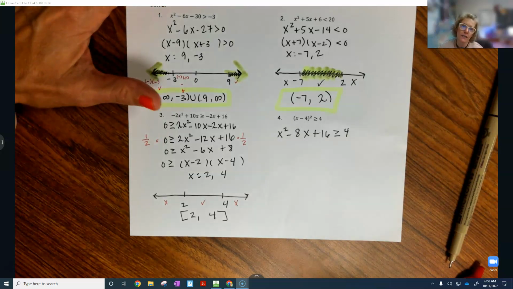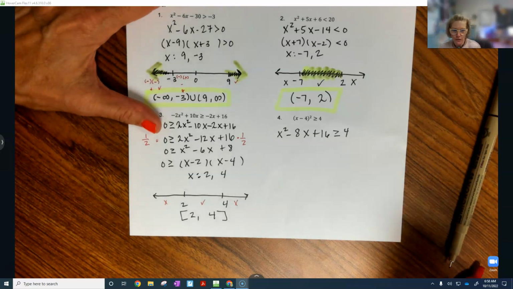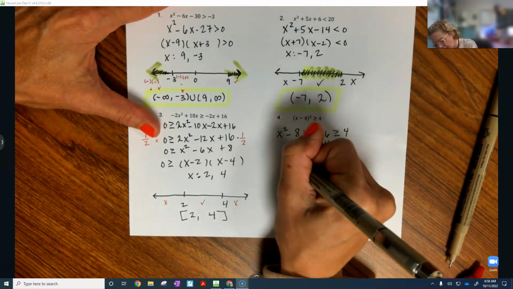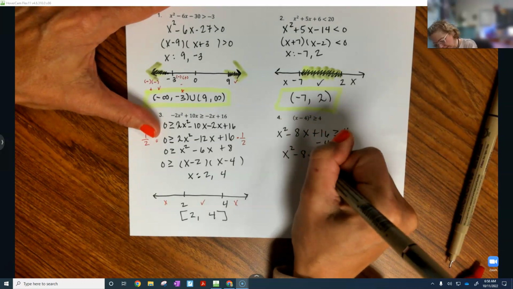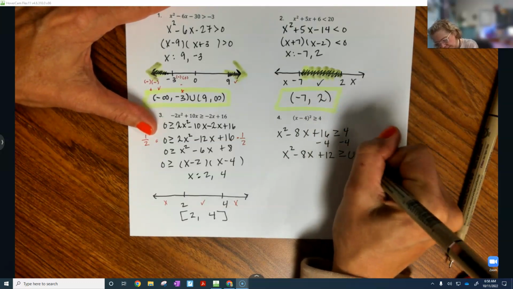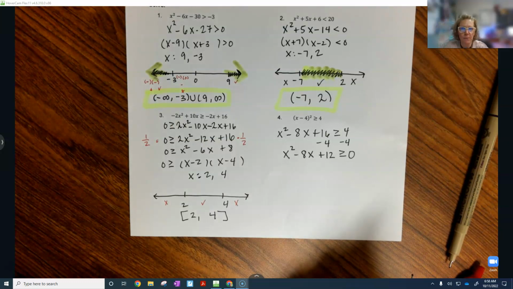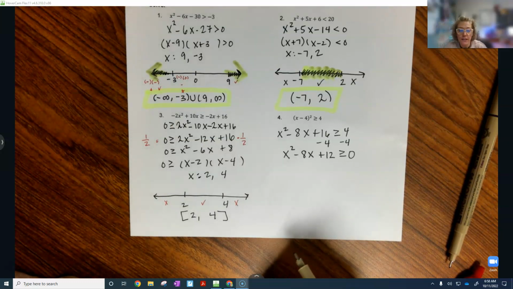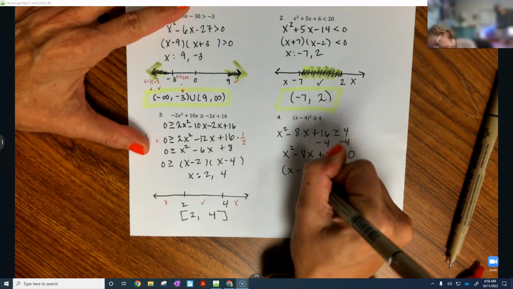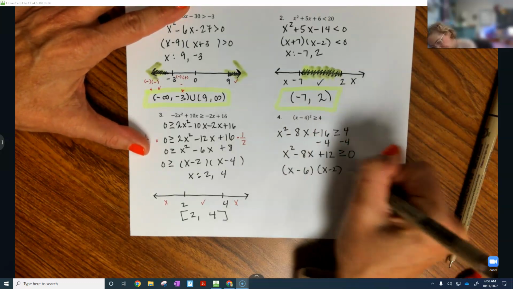So the 4 is going to move over. So when I subtract 4 from both sides, I'm going to get x squared minus 8x plus 12, and I need that to be greater than or equal to 0. So for this, we are going to have it factored to x minus 6 and x minus 2.